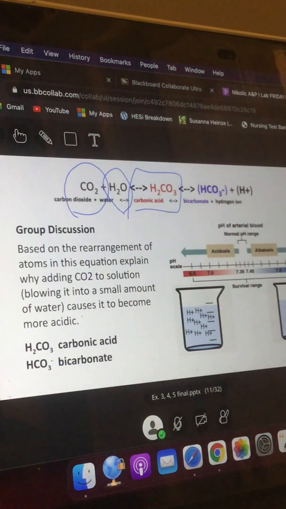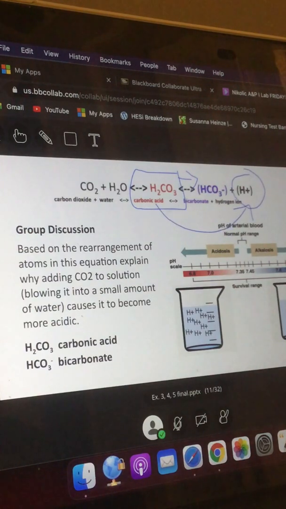Now, if I'm carbonic acid, right, remember that I have this extra hydrogen here. So as I quickly undergo this reaction, what happens with my hydrogen and my carbons and my oxygens? What happens here? What's my next step that happens pretty quickly? What do you see here? What happens to the hydrogen? So I'm going to get 1 hydrogen leaving, right?